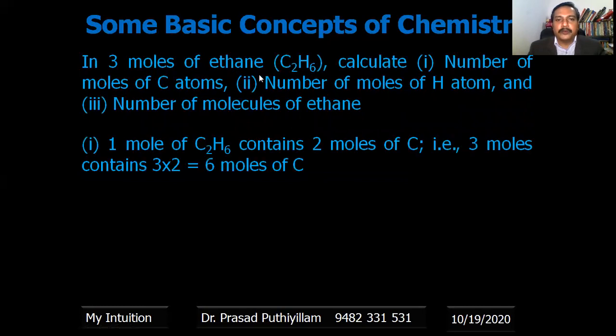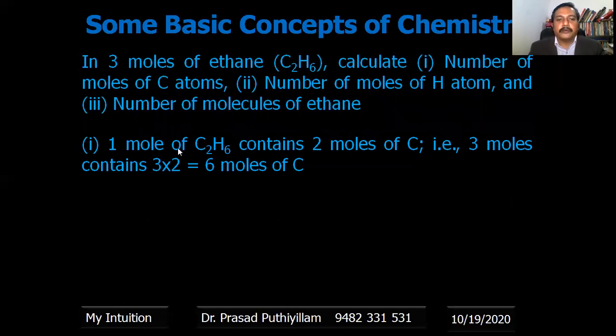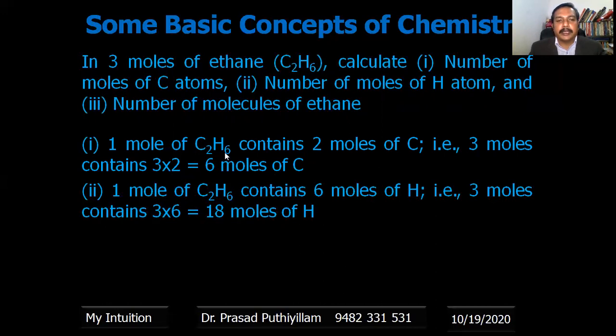In 3 moles of ethane, C2H6, calculate number of moles of carbon, number of moles of hydrogen, and number of molecules of ethane. So 1 mole of ethane contains 2 moles of carbon. That is, 3 moles contains 3 into 2, 6 moles of carbon. From the molecular formula, 1 mole of C2H6 has 2 moles of carbon. Similarly, 1 mole of C2H6 contains 6 moles of hydrogen.